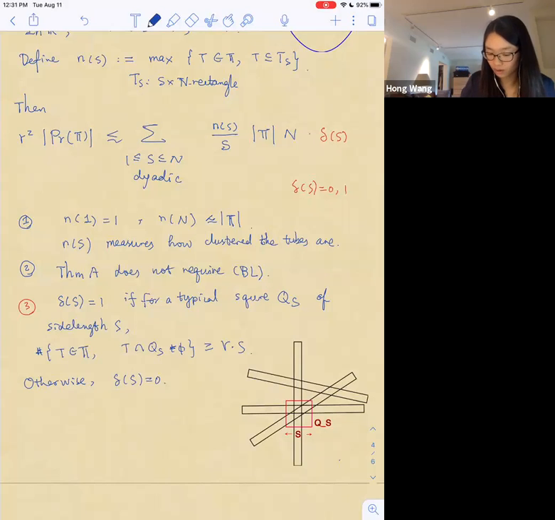So here we can call this a pointwise condition.